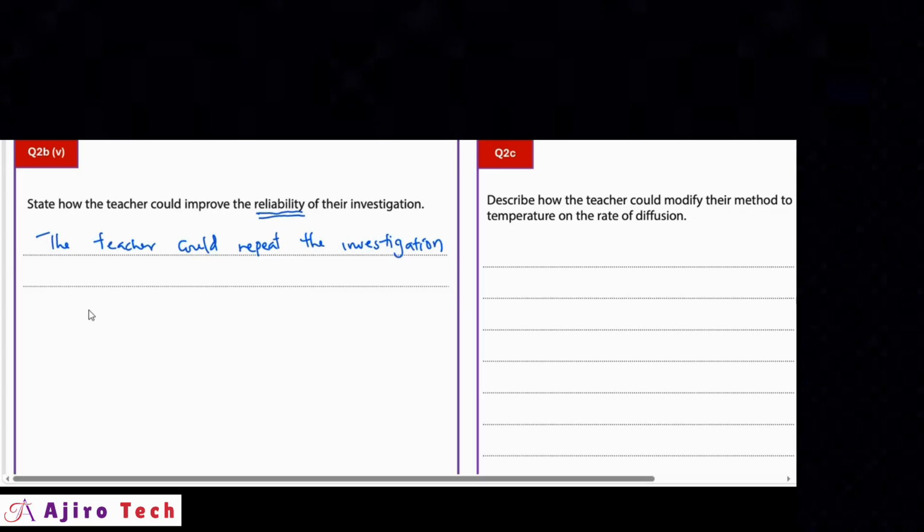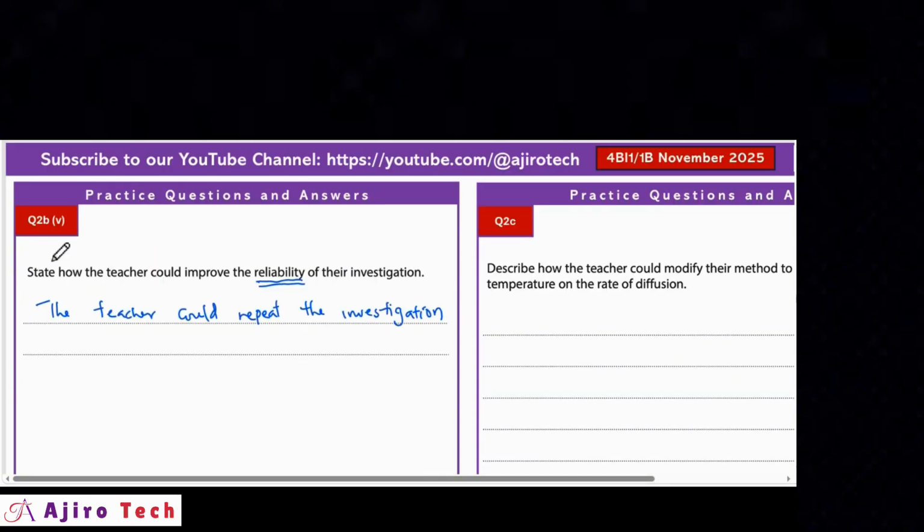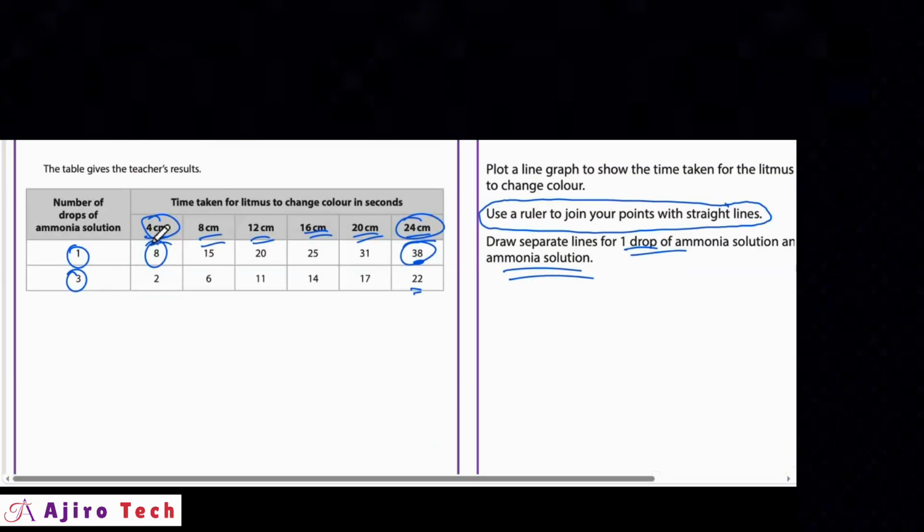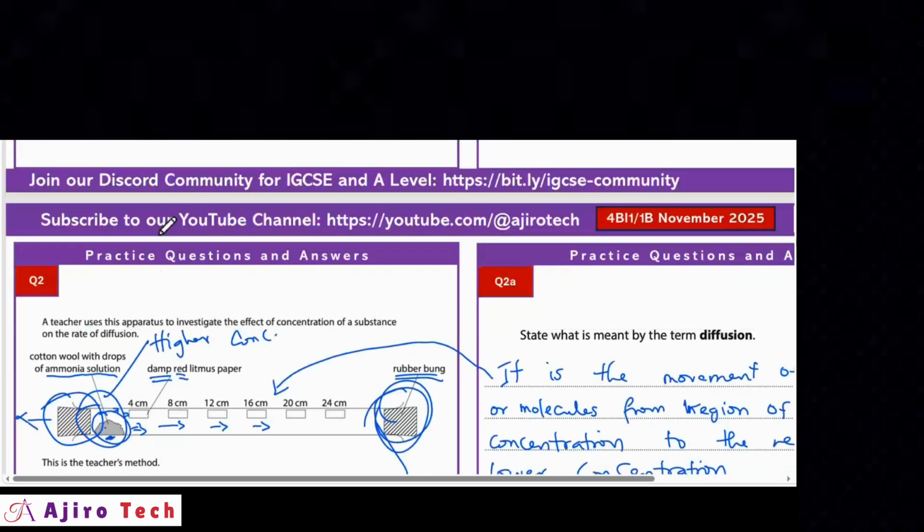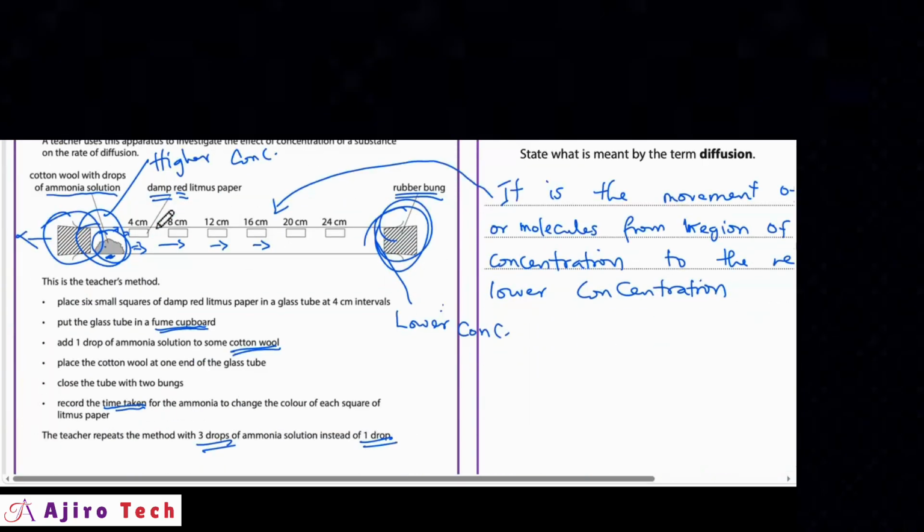Repeating the investigation using just a single setup might be limiting. So another way in which the teacher could improve reliability is to use more tools. This setup here is just only one setup.